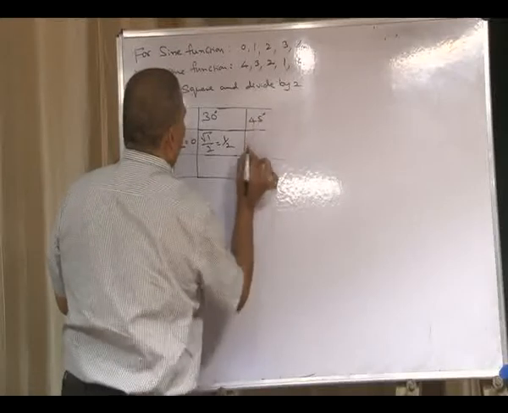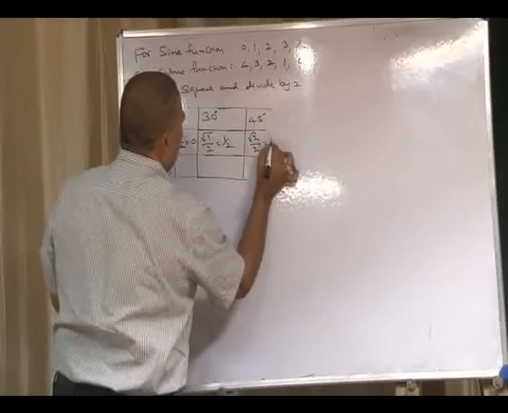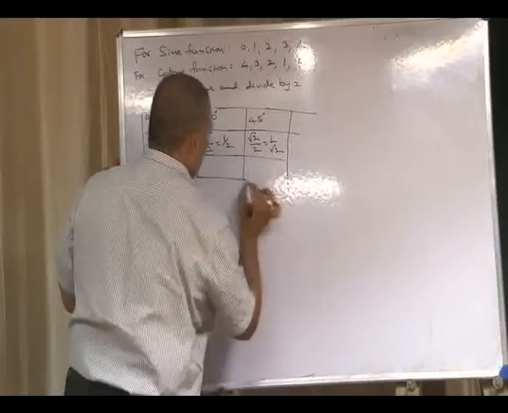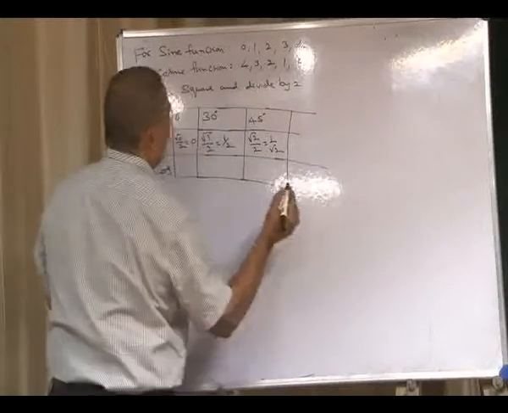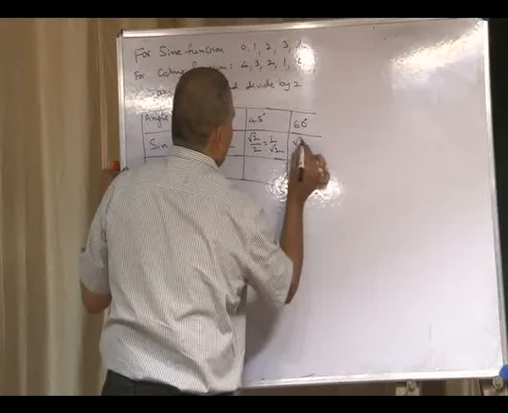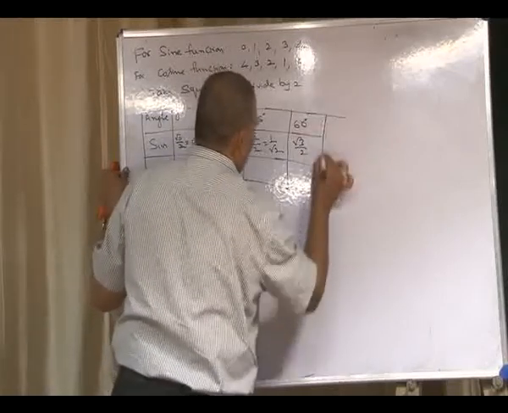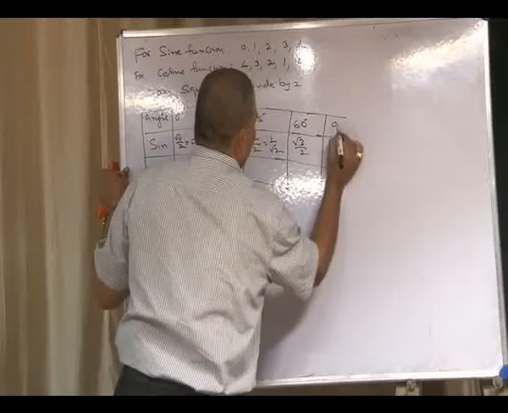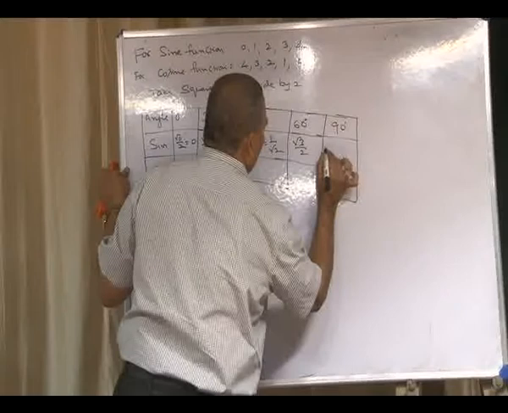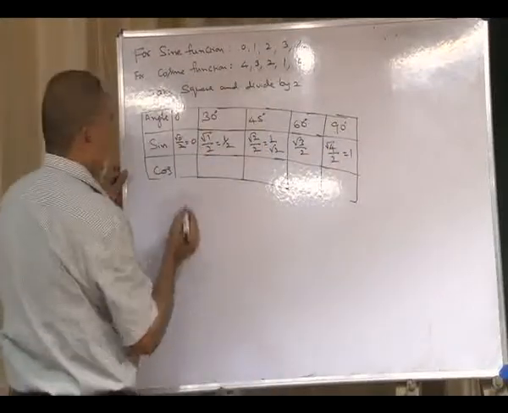For 45 degree, root 2 by 2, that is equal to 1 over root 2. For 60 degree, root 3 by 2. For 90 degree, root 4 by 2, that is equal to 1.